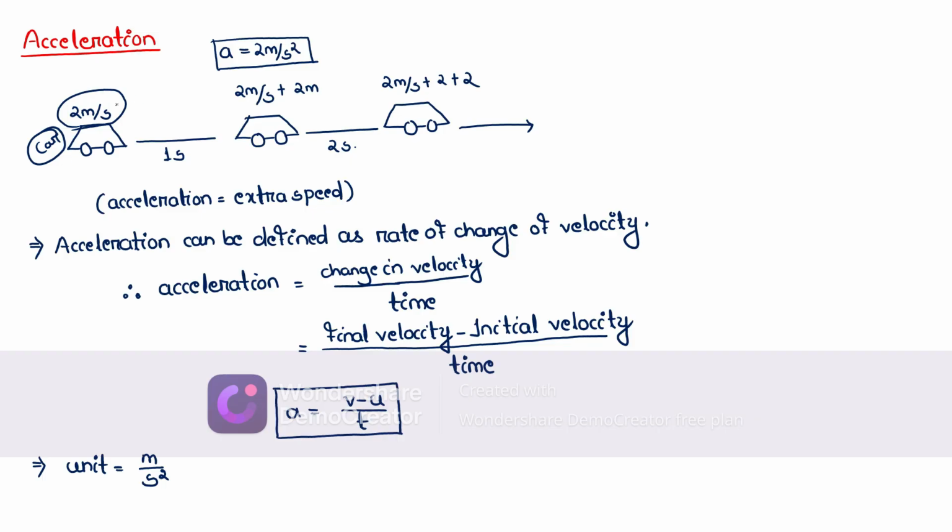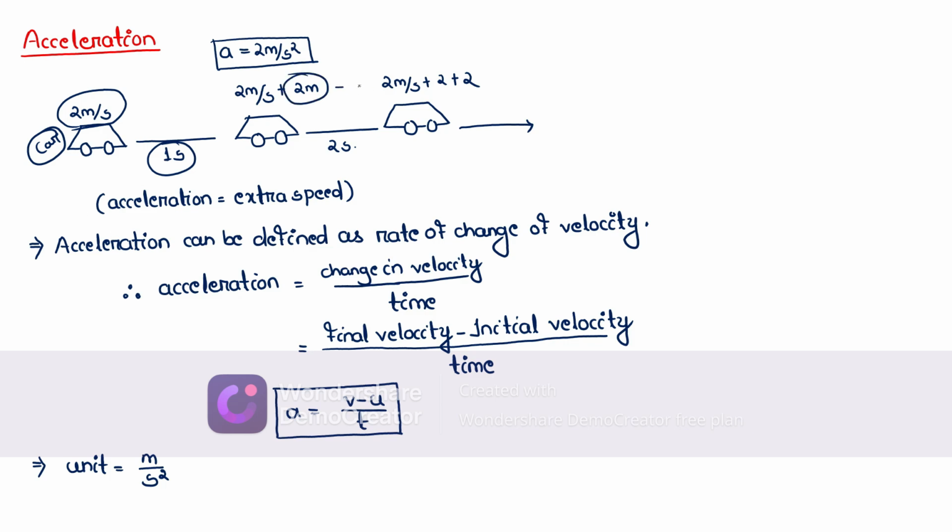We will discuss acceleration by using velocity. Velocity here means uniform velocity. As you can see, the car is moving for 1 second. Here you are giving extra speed to the car, that is, 2 meter per second I have added.